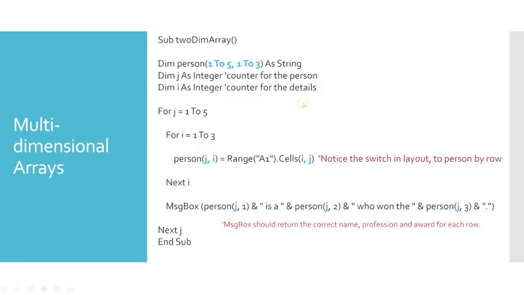I use this example intentionally, because usually you'll want to set up the array the way you want the data output. So that's another purpose for arrays. You take it from a worksheet, you manipulate how you want it to be output, maybe in a different worksheet, and then you just output it from the array that way.